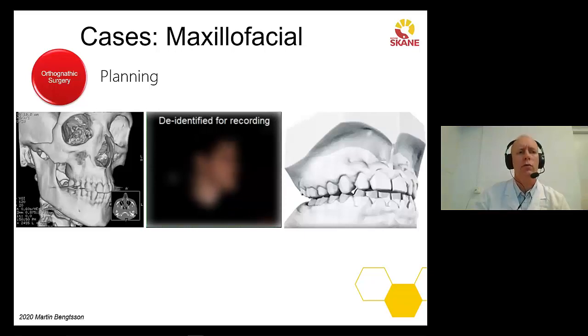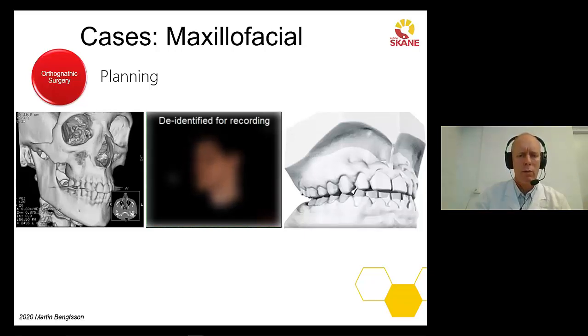When we plan the patient, we have software programs combining several 3D techniques. As you can see in the examples here, we have the CT scan on the left, in the middle a 3D photography, and on the right a 3D model of the bite and the teeth.